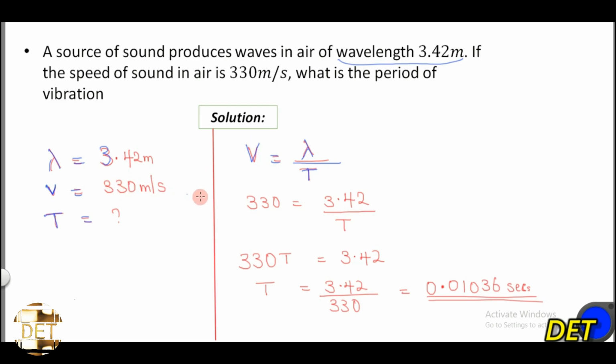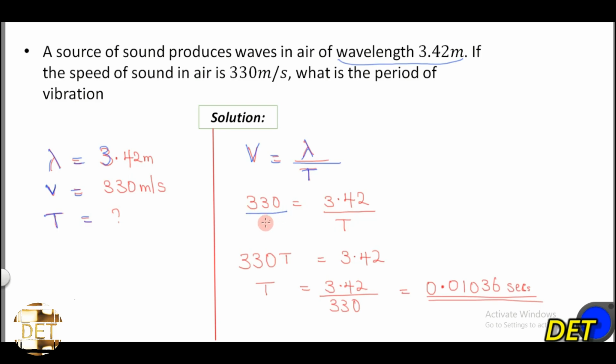So the velocity is 330 meters per second, so that will be 330 meters per second is equal to 3.42, which is the wavelength, over the time, which is what you are looking for, the period.